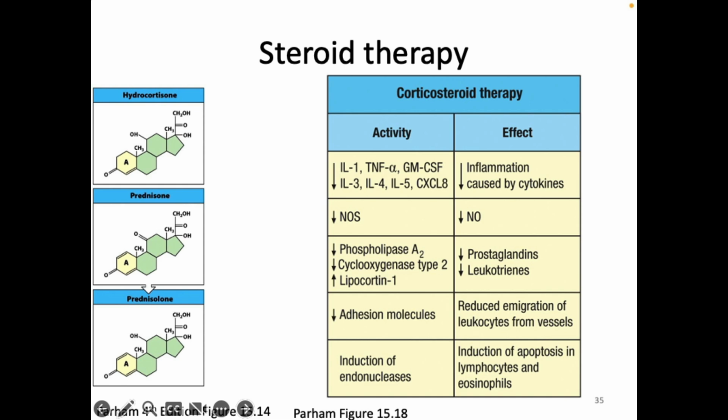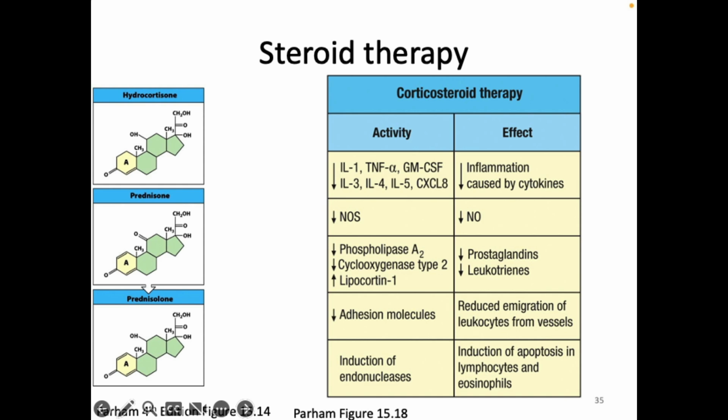They impact transcription quite a bit. And they impact transcription in a lot of leukocytes. So it's not just one kind of leukocyte. They're basically impacting all the kinds of leukocytes, and they're impacting them really broadly. So you can see they will decrease the production of a whole bunch of cytokines.